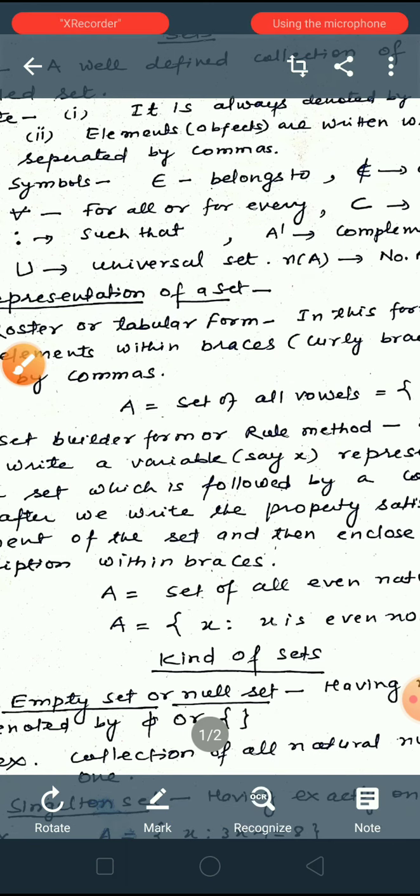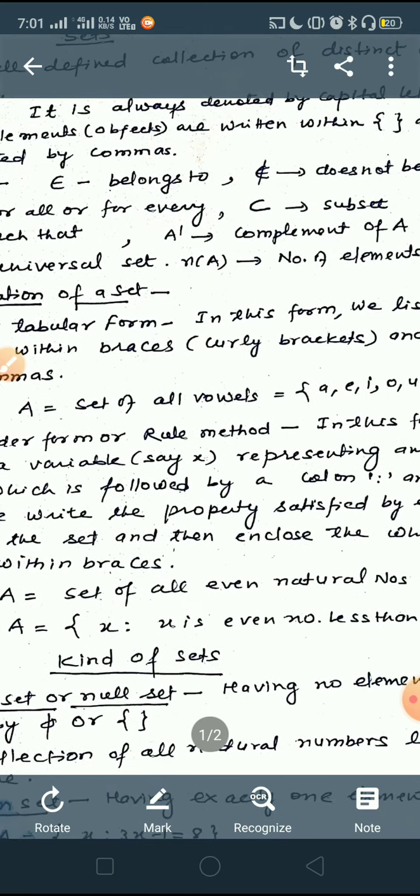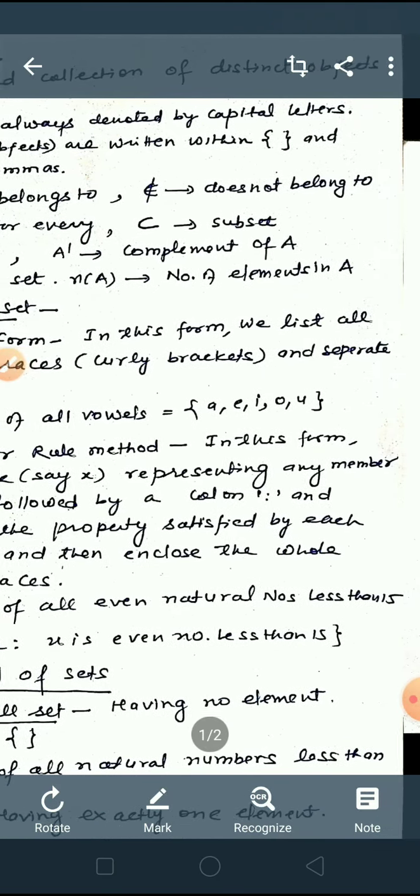Now you can see a symbol similar to E. Children, it means belongs to, and if we cross it, then it shows does not belong to.